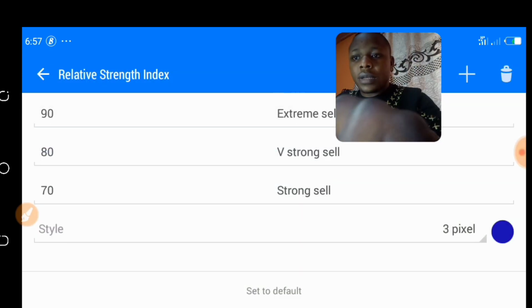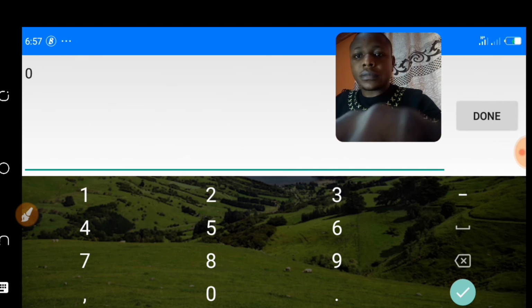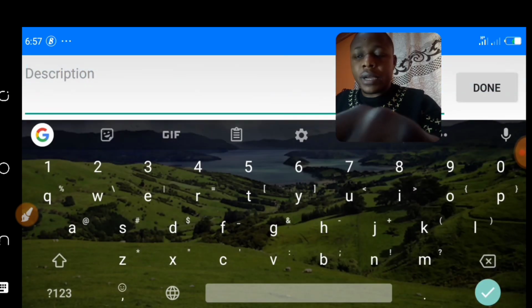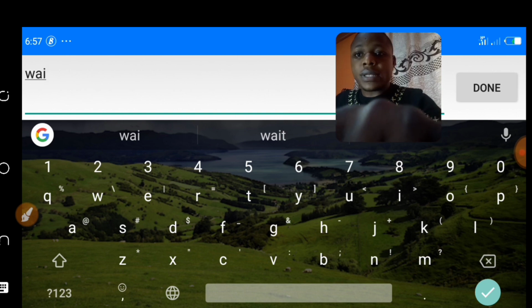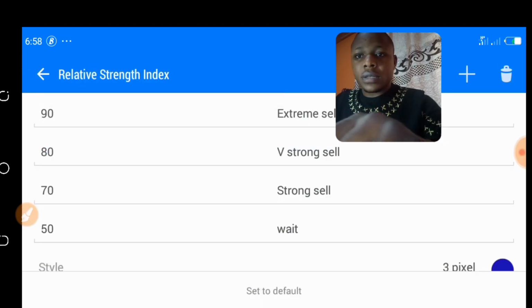So down to 50, click plus again, 50, and 50 will be either breakout or wait. You can add wait, so that's a waiting period. You don't buy, you don't sell when market is on this range, just wait.